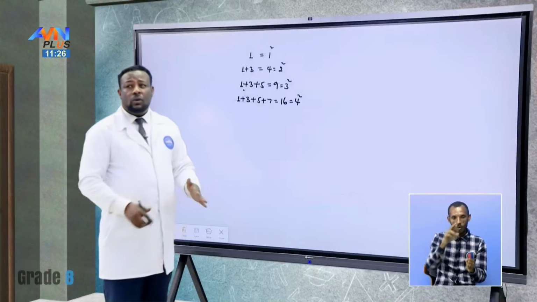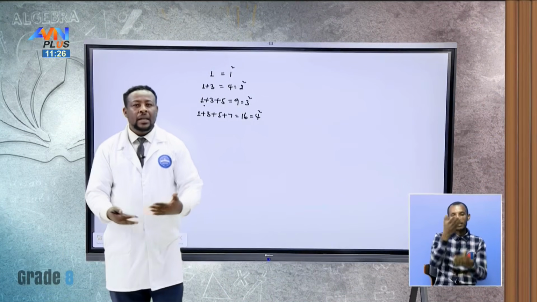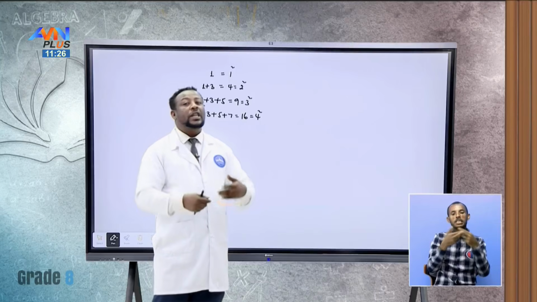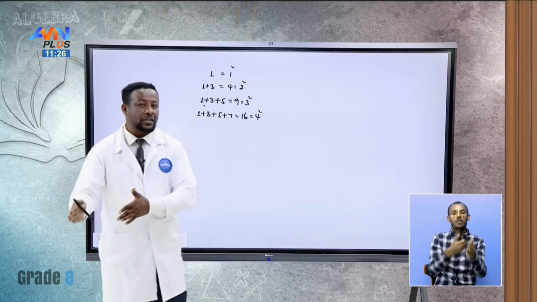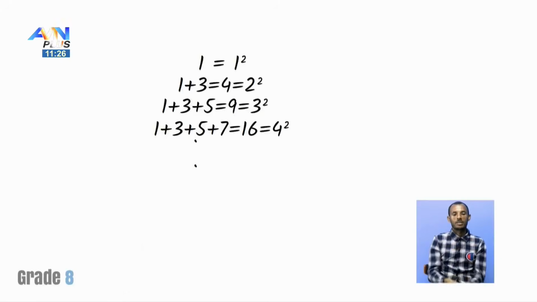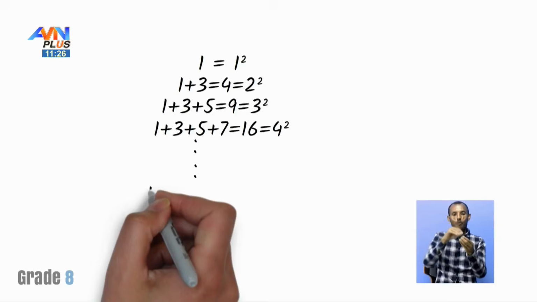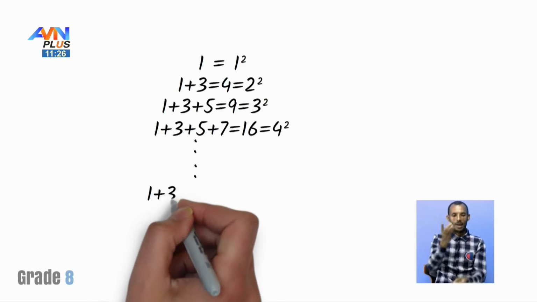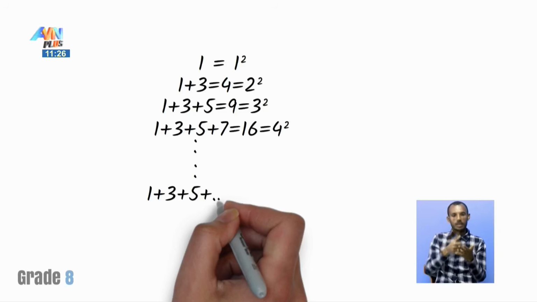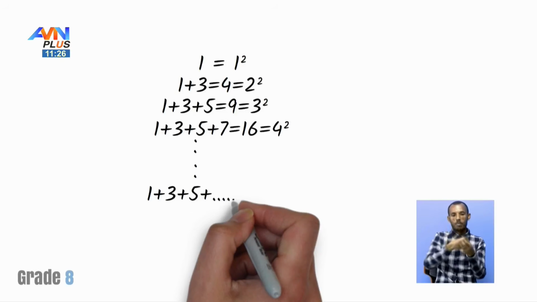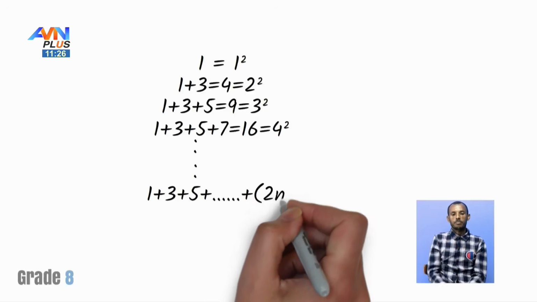Okay? So from this pattern, we sense something. There is a relationship between perfect squares and the sum of consecutive odd numbers. So we conclude that the sum of consecutive odd numbers becomes a perfect square, and that perfect square can be expressed in this form: 1 plus 3 plus 5 plus, and so on, up to 2n minus 1.